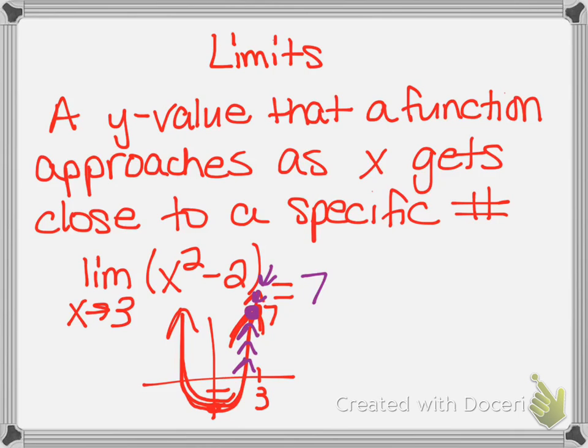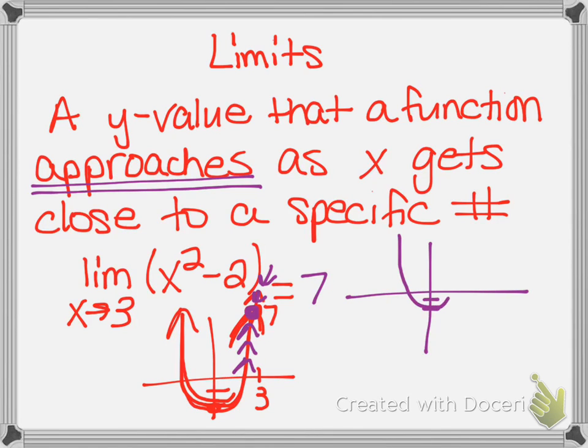But because this word is one of the key words in this definition, limits don't care if that point actually exists. If I took that very same function, and let's just say I removed the equation, let's just say I gave you guys a random graph that looked like this. But let's say at 3, 7, now there's a hole there.